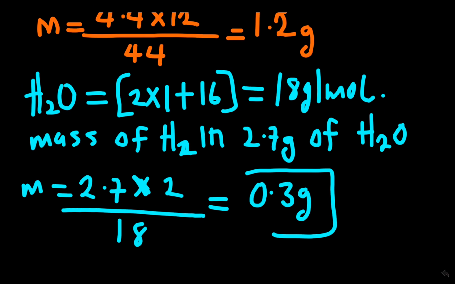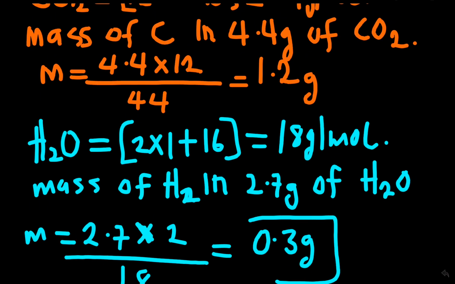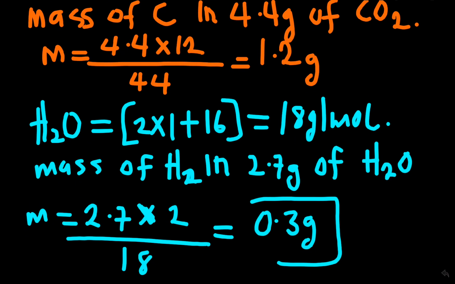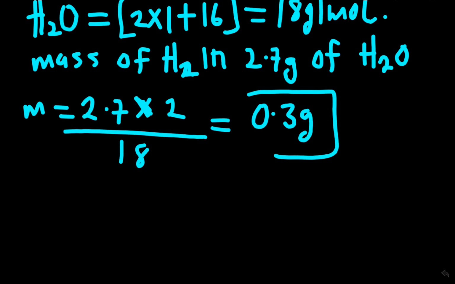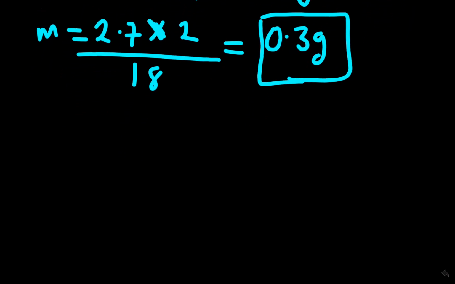So first we had 1.2 grams of carbon. Next, we solved and arrived at 0.3 grams of hydrogen. So next thing to do now is our empirical formula proper. We write out carbon and hydrogen.